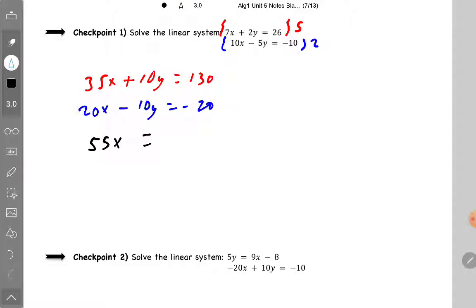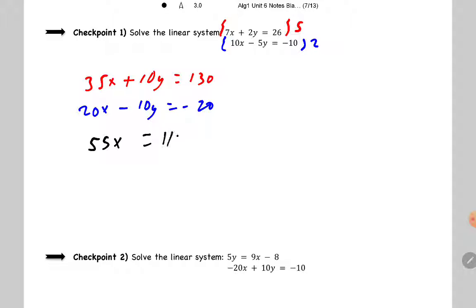Yeah, 5 times 6 is 30. Okay. So 55x equals 130 minus 20, which is 110. So if I divide both sides by 55, x equals 2. Okay, I'm going to plug this into one of the equations. Let's make it the second equation.